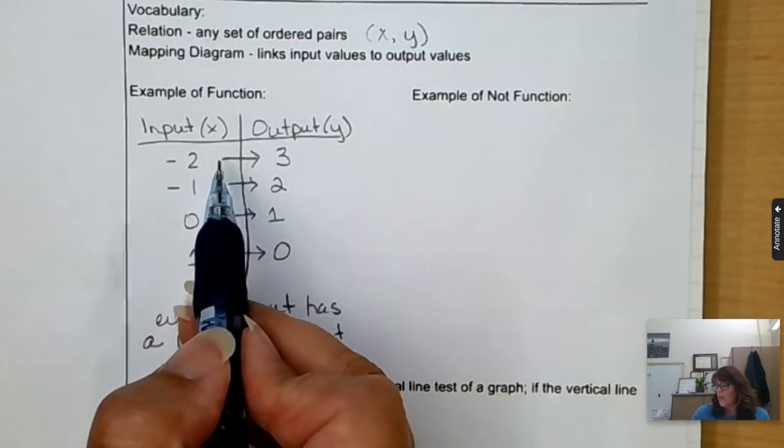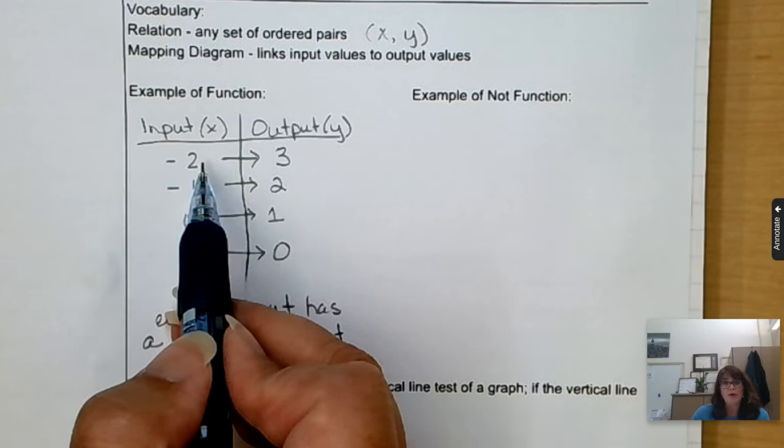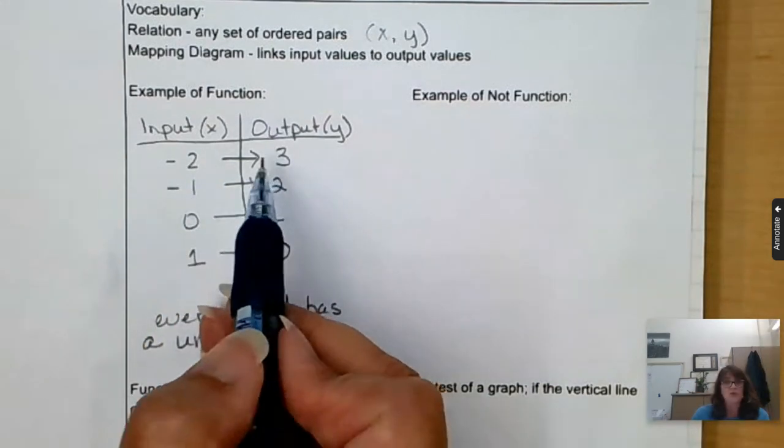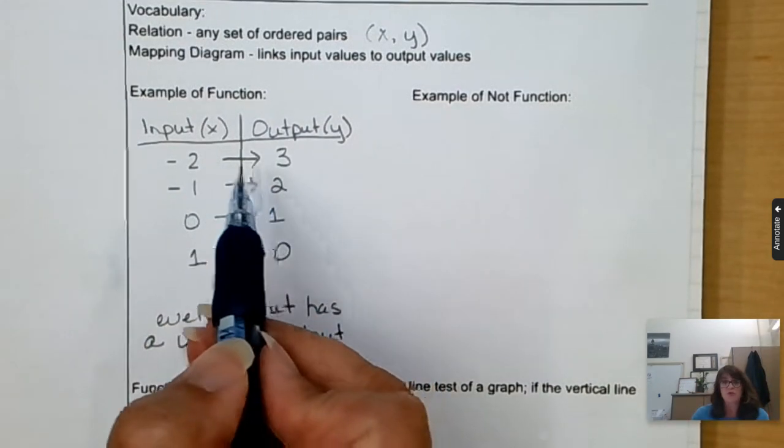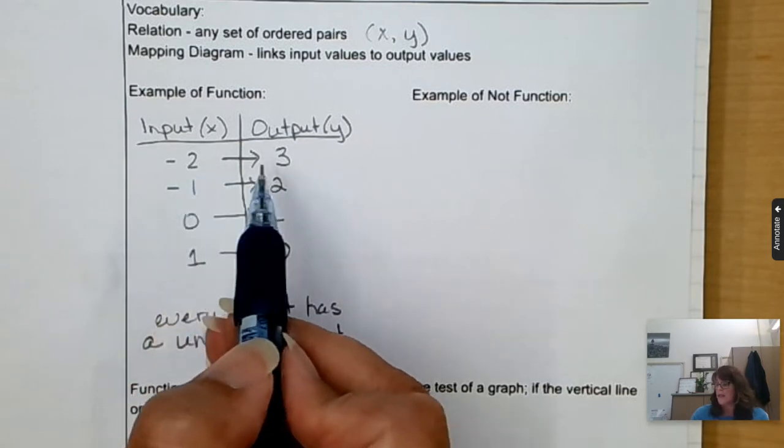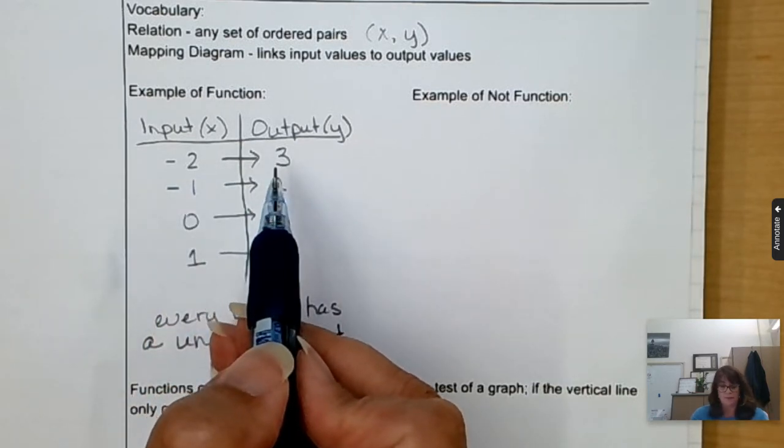Now, I do not know what rule or mathematical thing is changing these numbers, but I know that this is the input and this is the output that I get out.